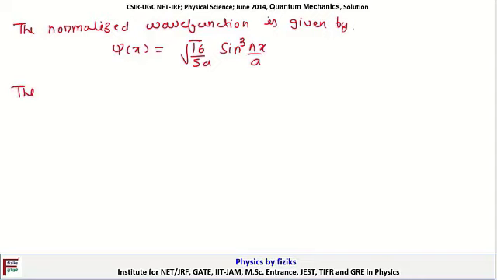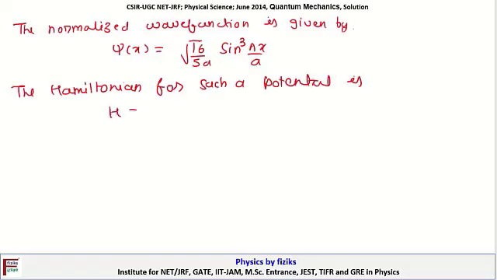The Hamiltonian for such a potential is H is equal to minus h square by twice m d square by dx square.